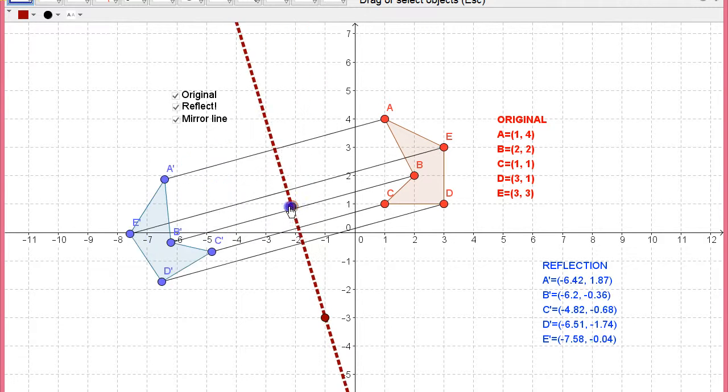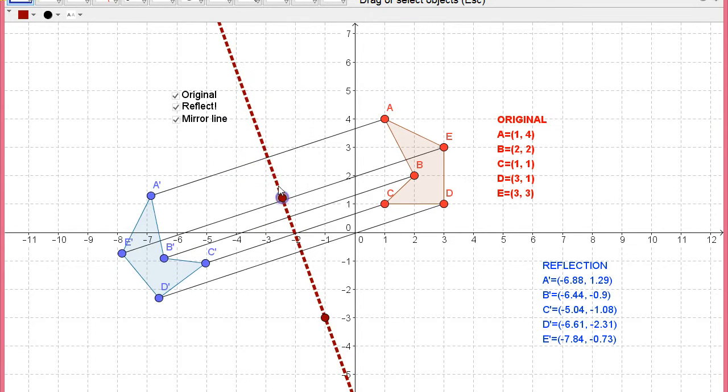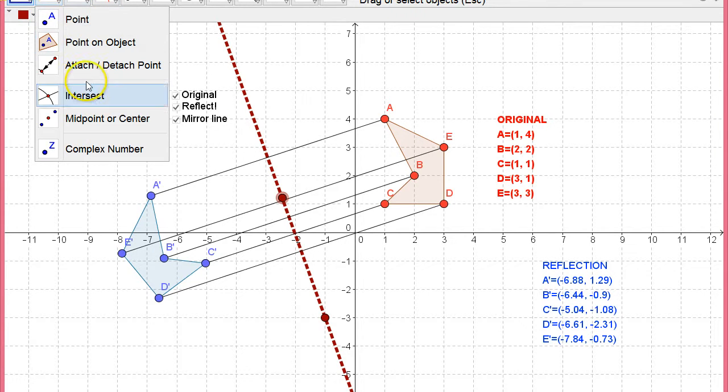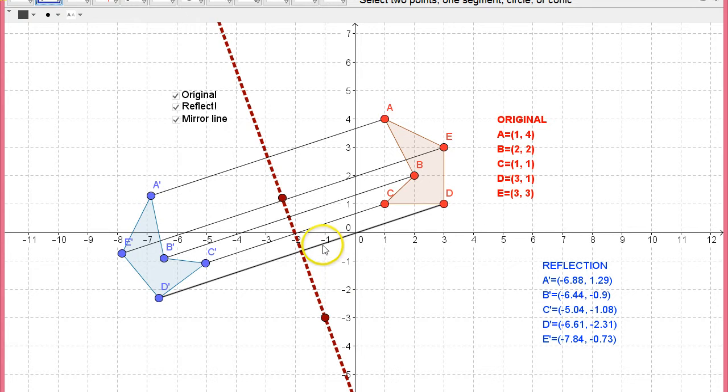And as I move this around, that happens as well. They stay perpendicular the whole time. And then again, here's what I'll do: I can construct the midpoint of each segment, and you'll see it'll pop up on the line because it's directly in the middle.